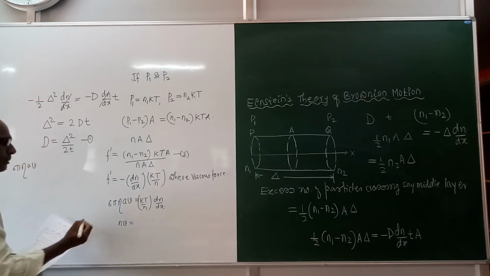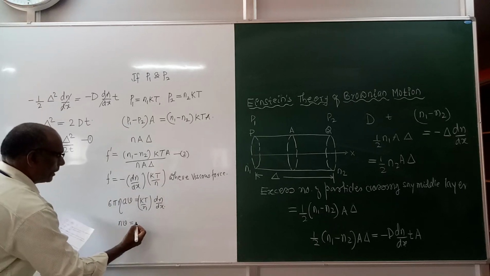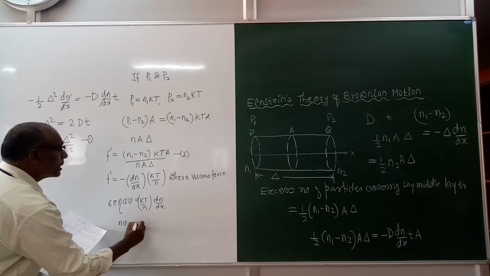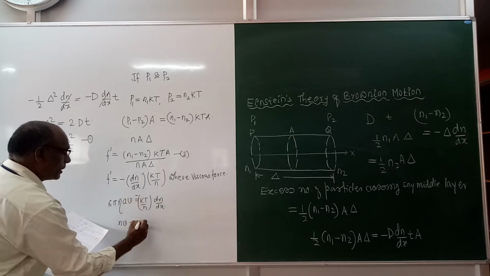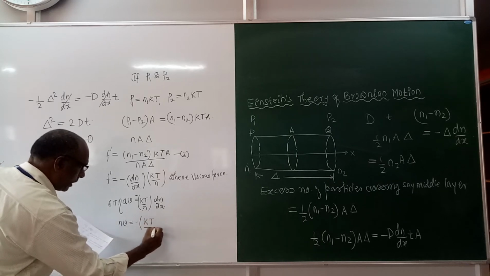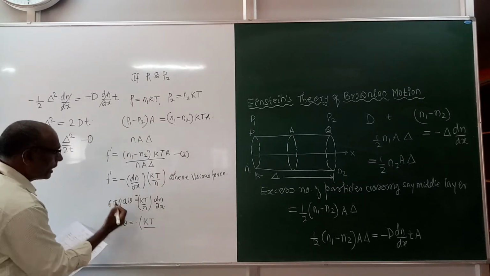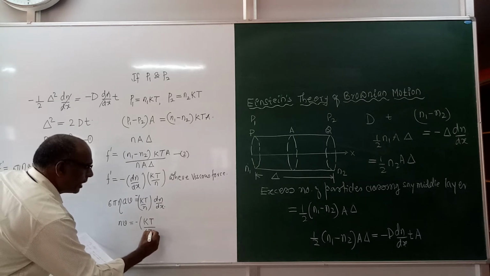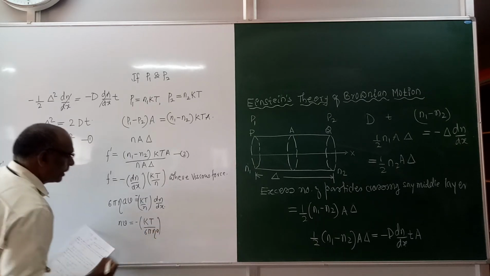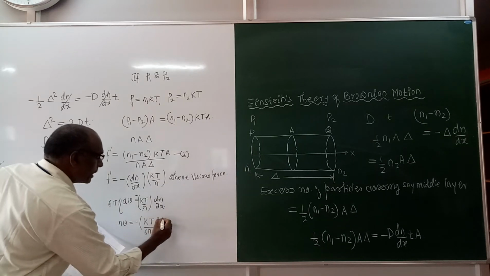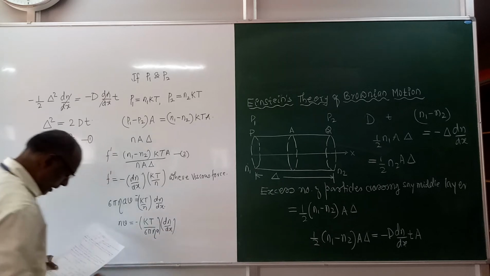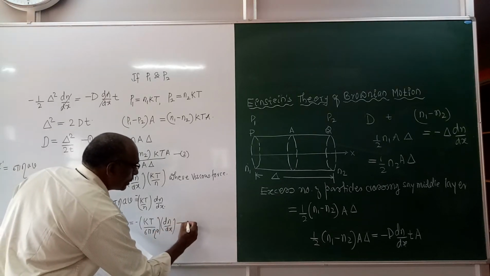So N V is equal to minus k T over 6 pi eta a, dN by dx. Let me call this equation number 3.